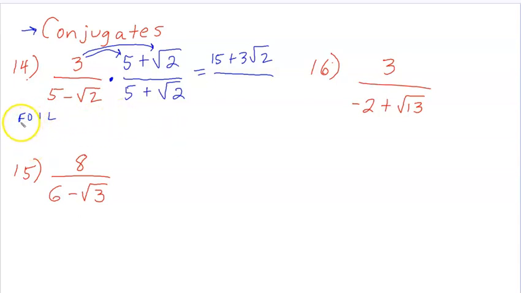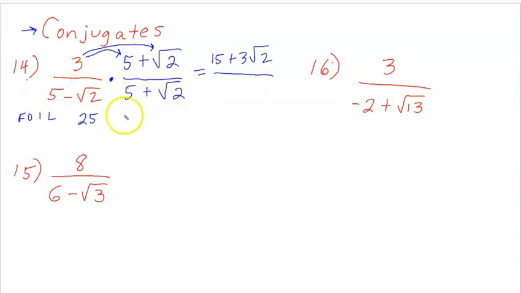Okay, so F means let's multiply these first two, the red 5 and the blue 5. Those are the first of each of these expressions. So 5 times 5 is 25. O means to multiply the outside. So this red 5 is on the outside, and so is this blue radical 2. Those are the ones on the ends, the outside.